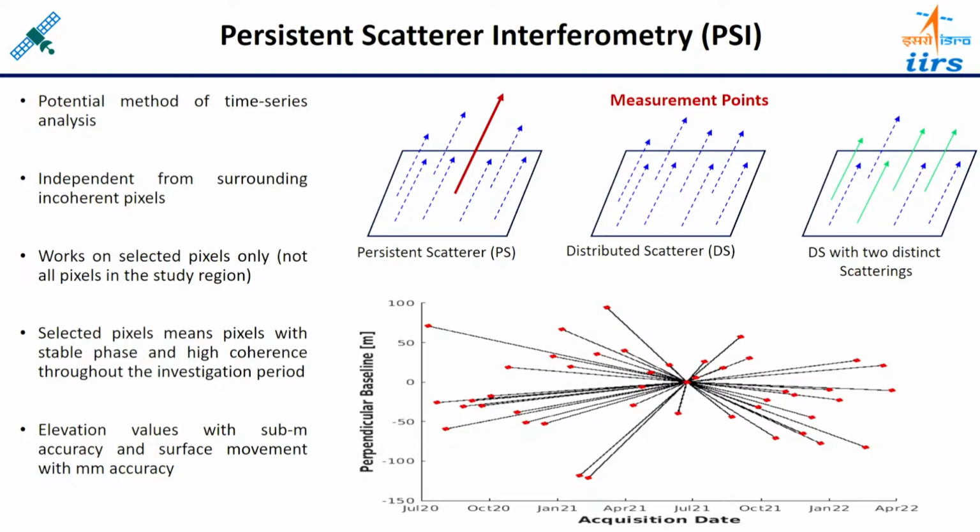Or you can say this can fail over areas where the deformation is not linear in scale. There are deformations which are continuous, just like subsidence continuously going down slowly, then continuously coming up slowly. If such phenomena are there, then it can monitor.